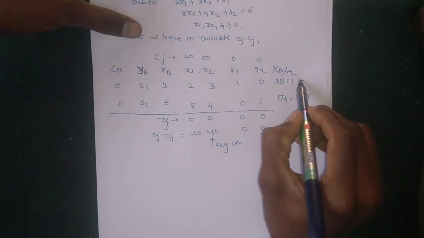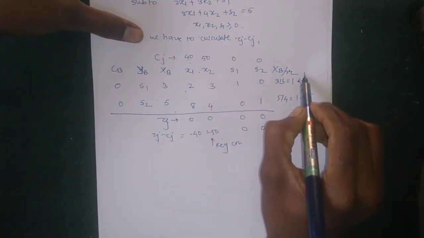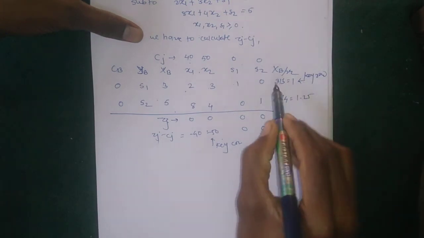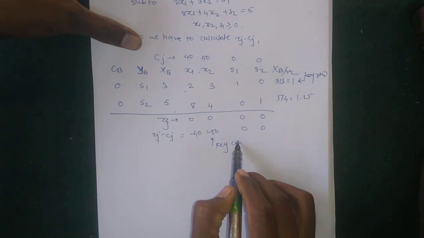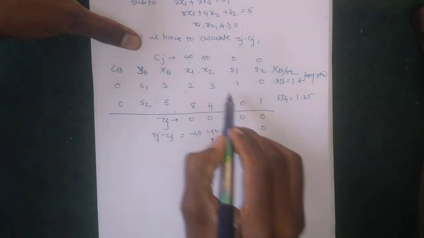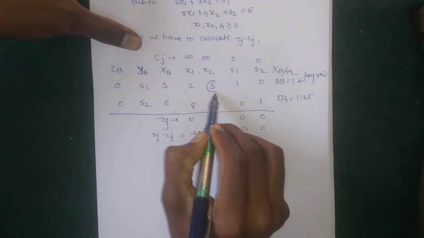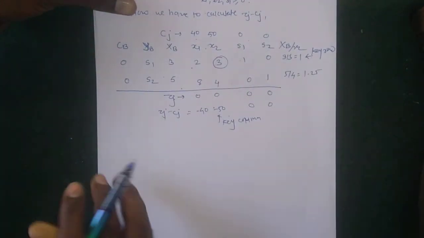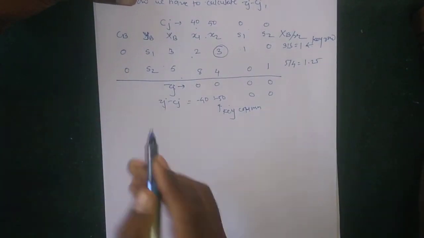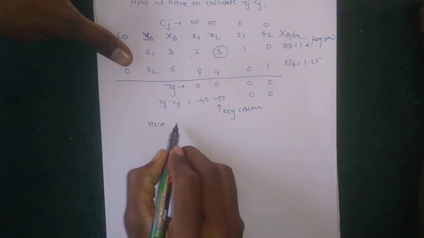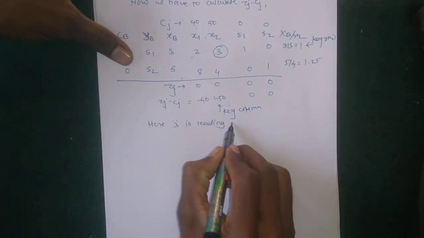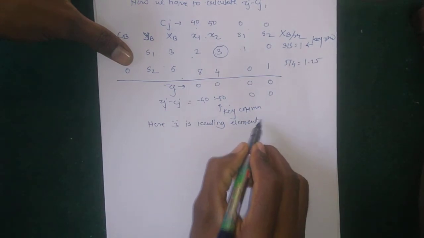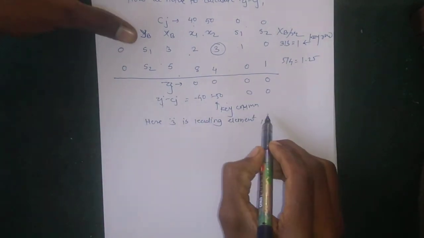Therefore 1 is the smallest, so this is our key row. The intersection of the key column and the key row is the element 3, and 3 is our leading element.